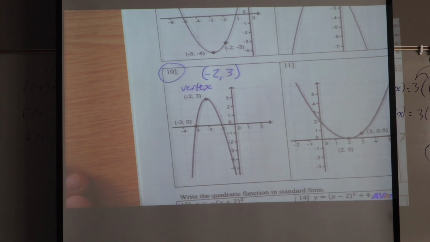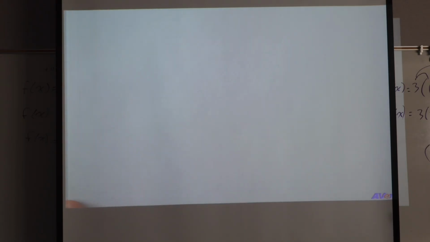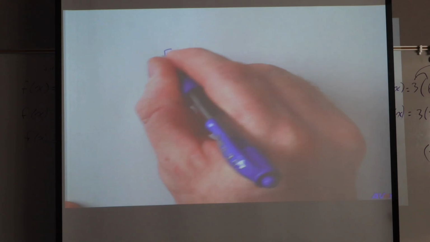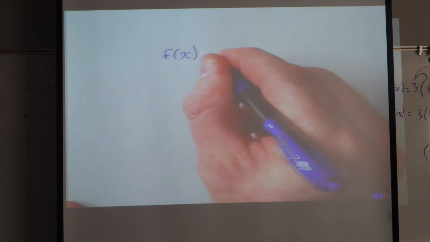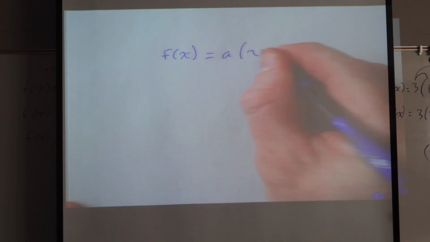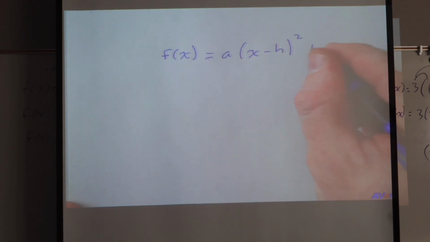So to start off with, when we are using our vertex form, we need to know what that equation is. So we're going to have the equation f of x equals a times (x minus h) squared plus k.